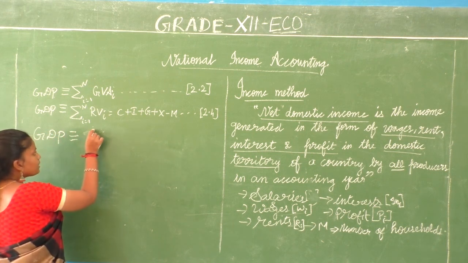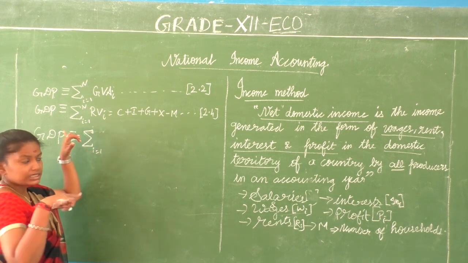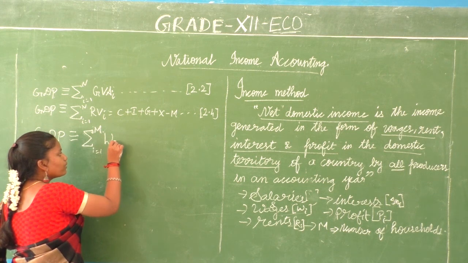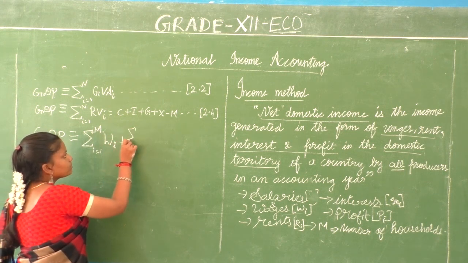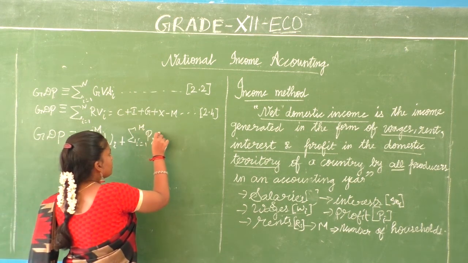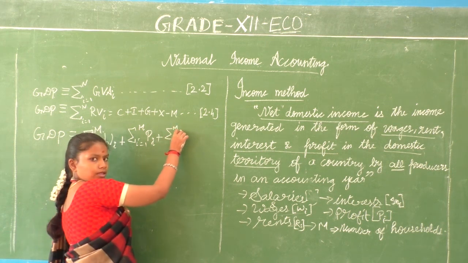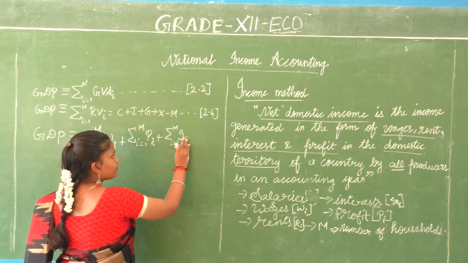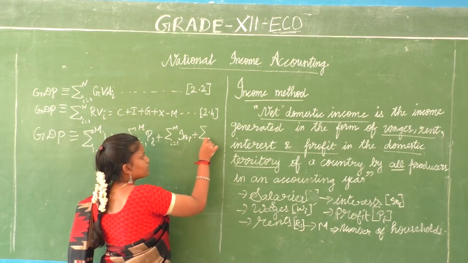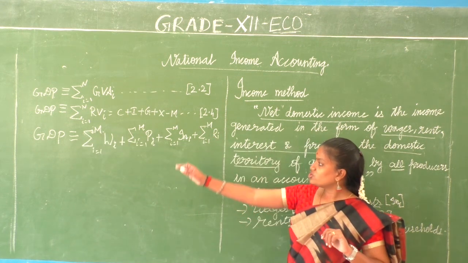Sigma, summation, I equals 1 until M. First you are going to take wages WI, plus sigma I equals 1 to capital M of profits PI, plus sigma I equals 1 to capital M of interest IN I, and finally rents, sigma I equals 1 to capital M of RI. This is going to be your GDP.